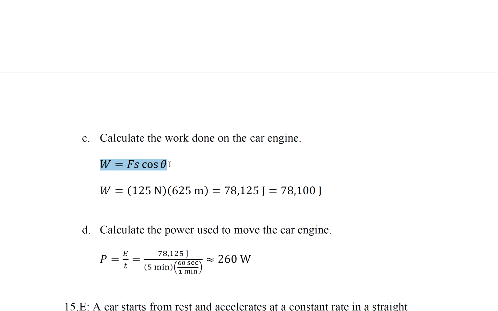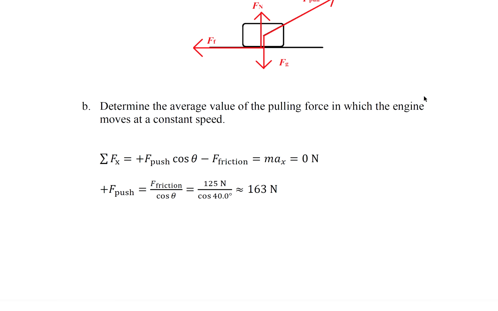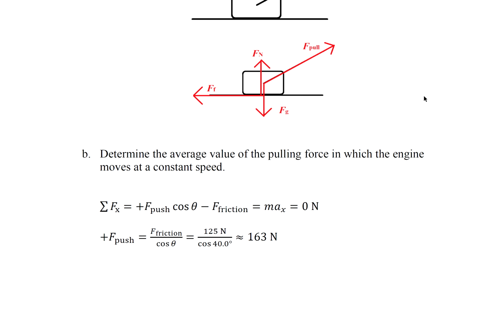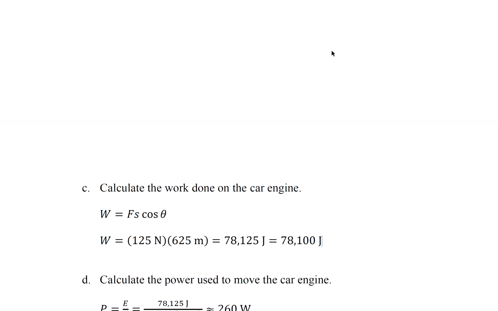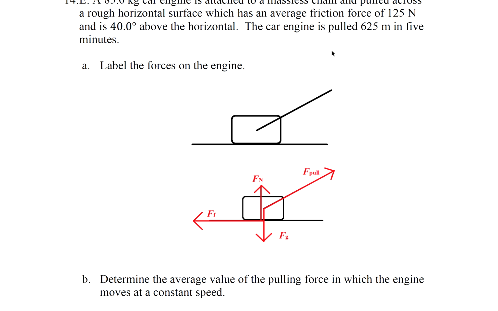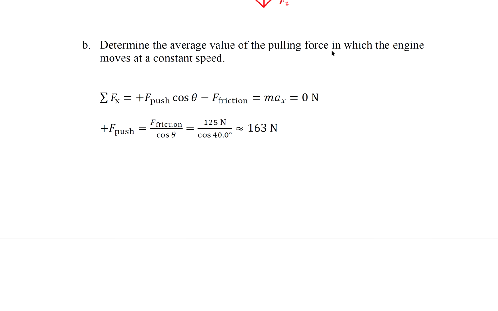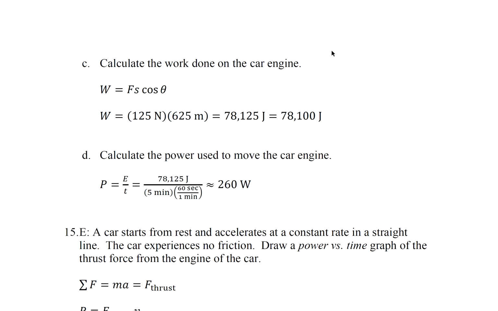Because we know the acceleration is 0, the force of pull is equal to the force of friction. And because the force of pull equals the force of friction, we could just use the force of friction.